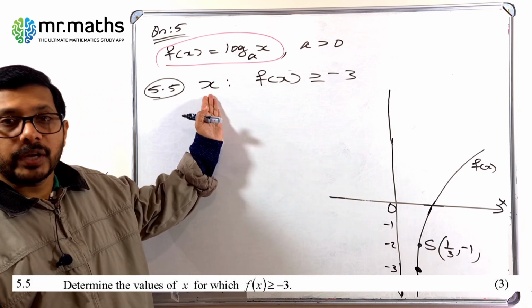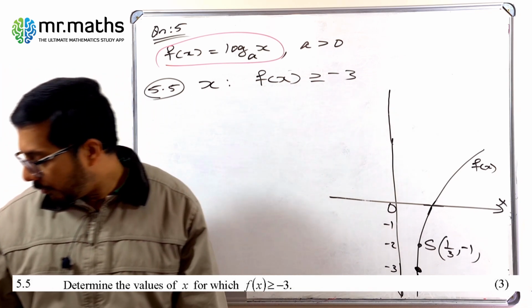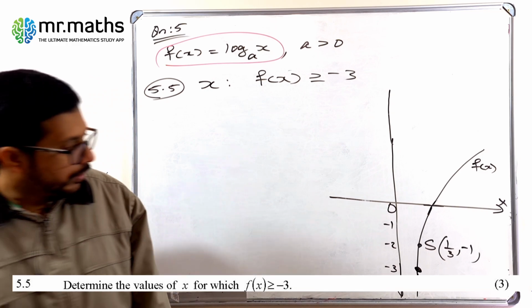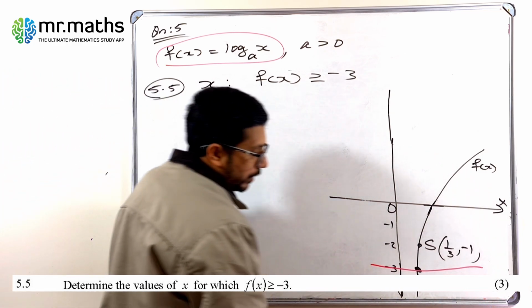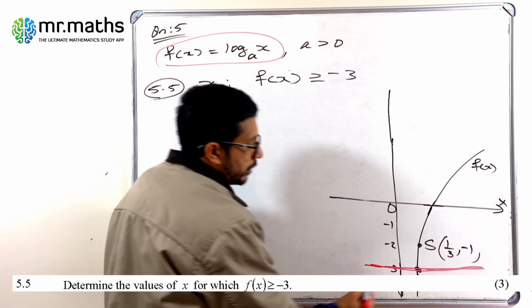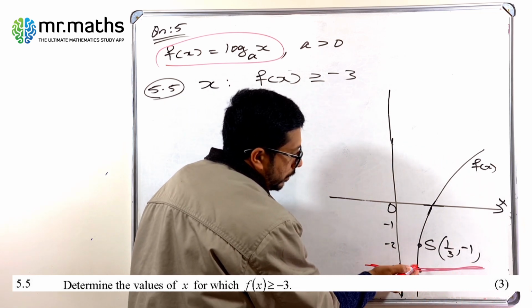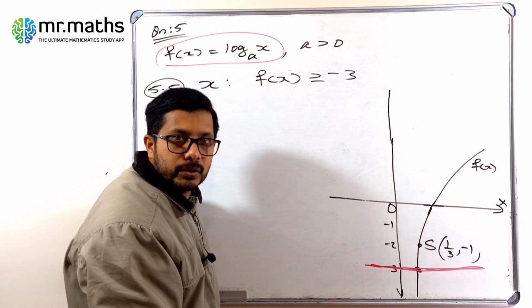You have to find what are the values of x where y is greater than or equal to minus 3. This line is y equals minus 3, and above this line, what are the x values? That is the question.